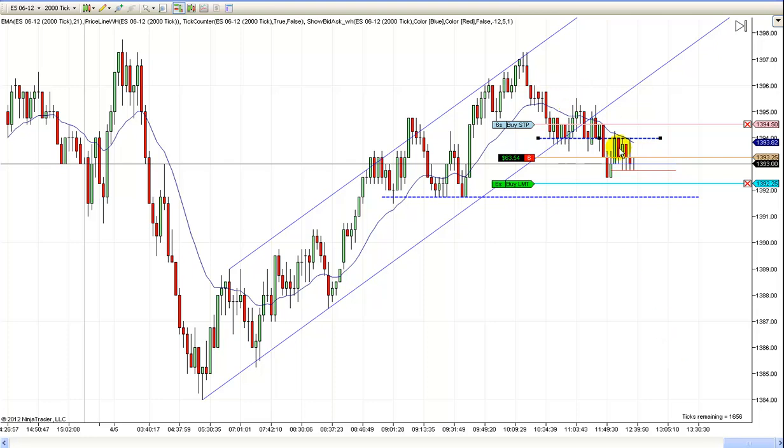Because I'm thinking we're going to have a two-legged correction and then go back to the high side before it's over. Again, you don't want to do a lot of thinking ahead because it gives you a bias. But I'm looking for a bounce off of this area right in here, regardless of what prices are going to do thereafter. So we'll just leave it at that.